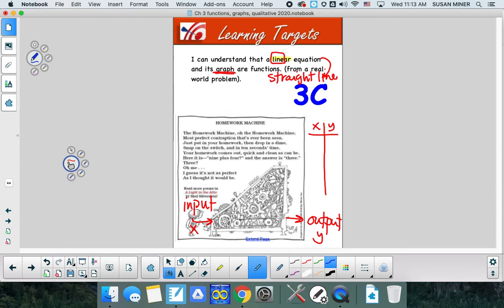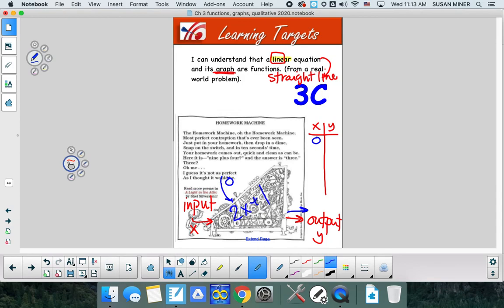I'm going to give you an equation, 2x plus 1. If my x variable, my input, were a 0, then what would my output be? If I substitute a 0 in place of x, then what would I have as an output?